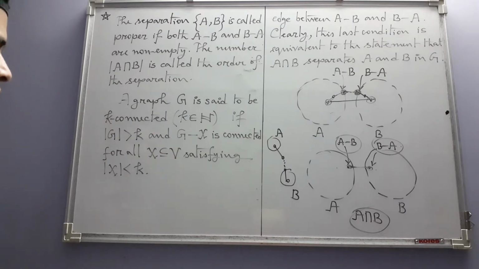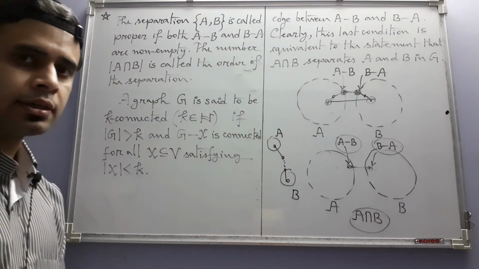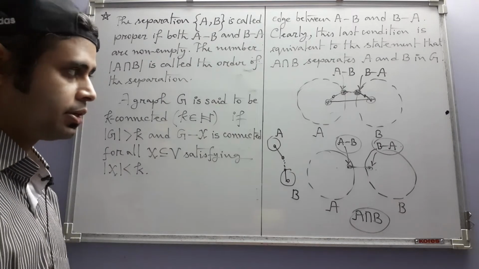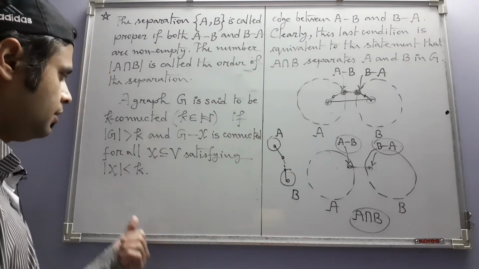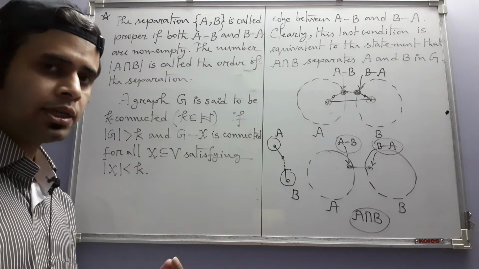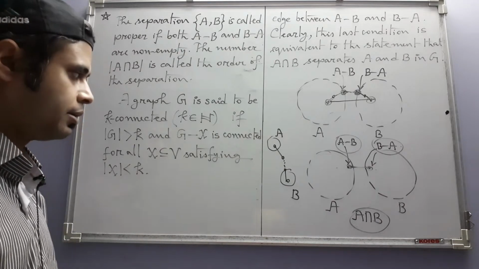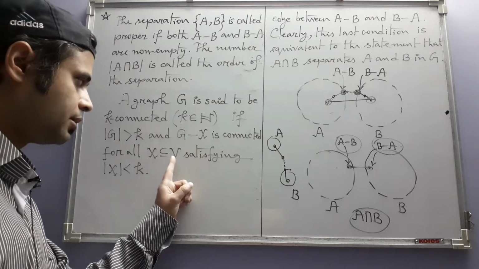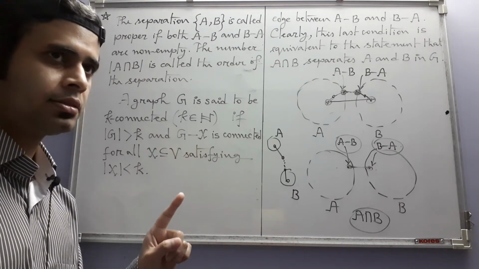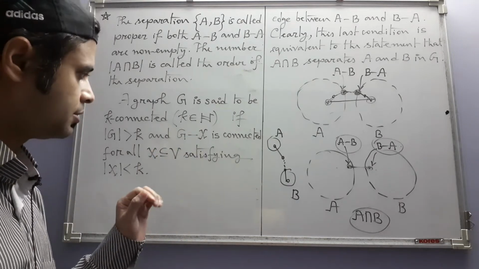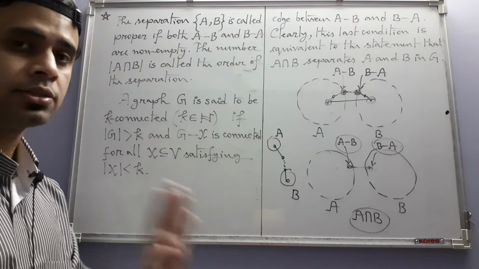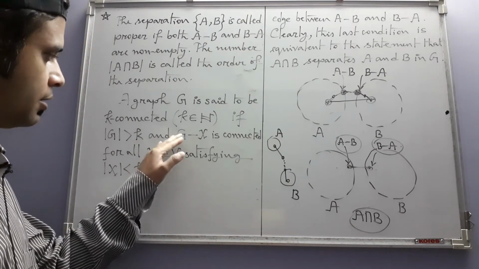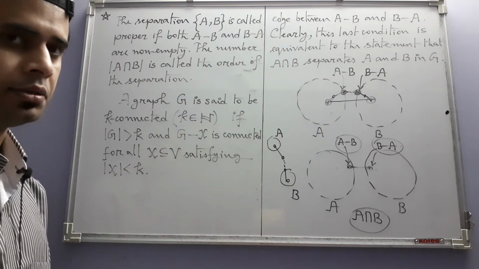So a graph is said to be k-connected, where k is a non-negative integer, if the graph has more than k vertices and removal of any set of vertices from the graph that has less than k vertices does not disconnect the graph. It keeps the graph connected.